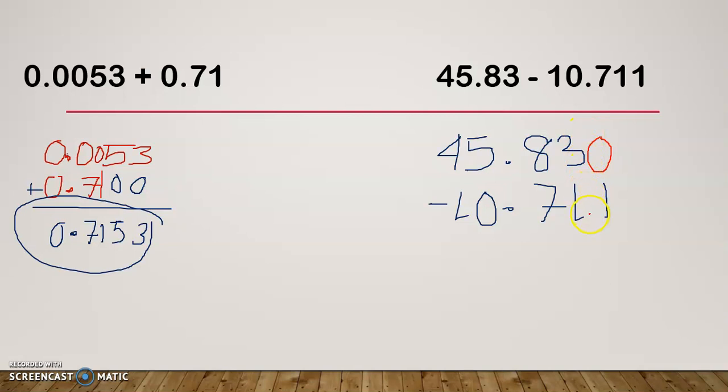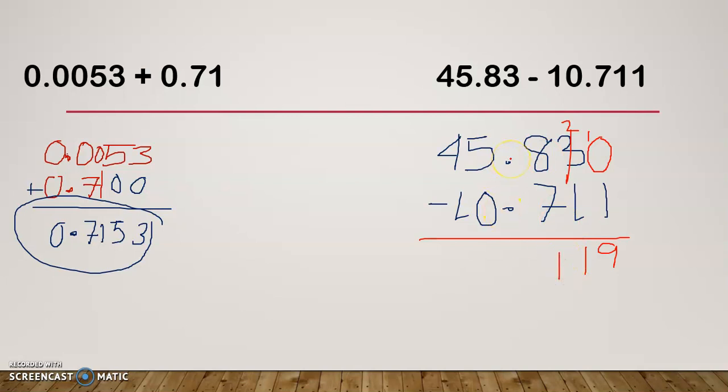Once everything is aligned, the next step is to add like whole numbers, or subtract like whole numbers since this is subtraction. Now, let us subtract. 0 minus 1, of course, that cannot be. Let's borrow 1 here. This becomes 2. And then 10 minus 1 is 9. And then 2 minus 1, that is 1. And then 8 minus 7 is 1 again.